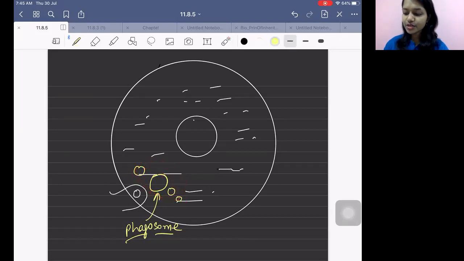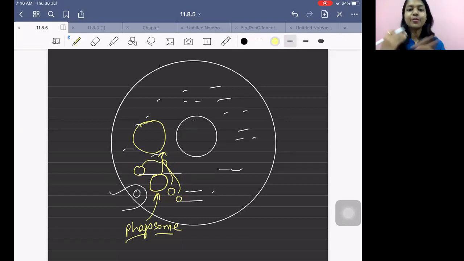They all are fusing, and surrounded by primary lysosome. They all are fusing, and even the primary lysosome is fusing with that. So it becomes what? Secondary lysosome, heterophagosome, right?